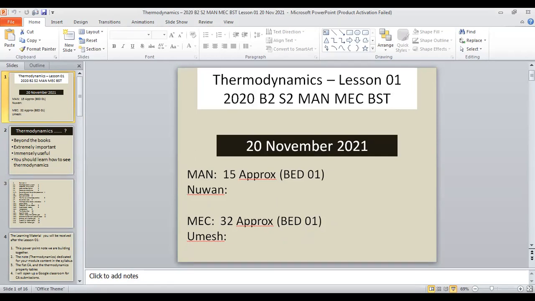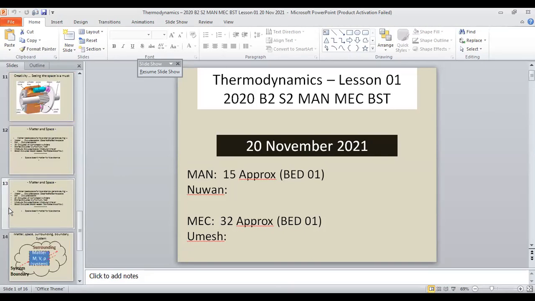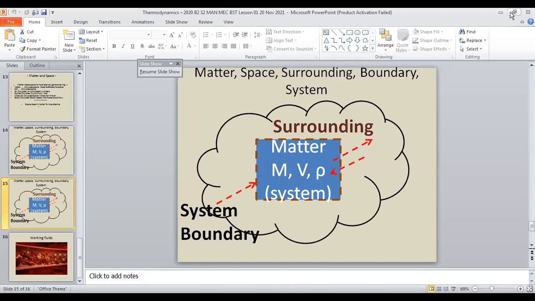This is the main point in lesson 1, so we will come to the same point for lesson 3 as well. Lesson 1, yes, we came to know about the space.